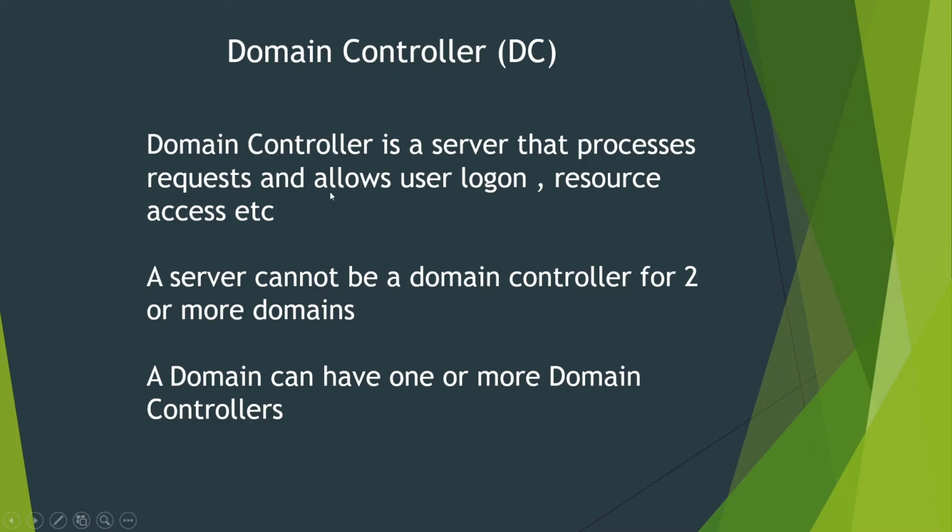Whenever we log in as user 1 from the Windows 7 machine, the domain controller receives the logon request, processes it, and then allows the user to log in. We have logged in to the Windows 7 machine using the user 1 account of the domain home lab.server. So this domain controller will allow authentication and also resource access, etc.